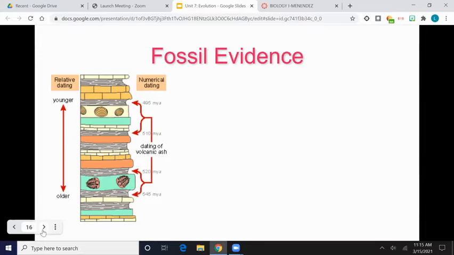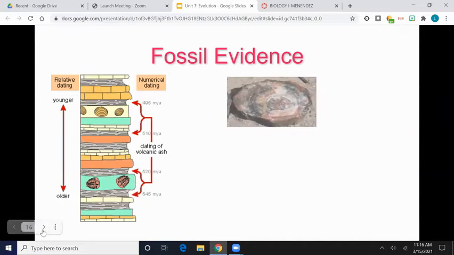If you're looking at just a very large piece of rock, you might be able to see different lines, different layers. And the deeper layers, the ones closest to the bottom, are going to be your older ones. The ones nearest the top are more recent. That's just because after years, things pile on top of each other, press down. And that's how it comes to be.